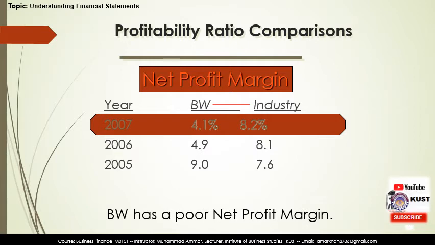For 2005, 2006, 2007, but we are currently talking about the year 2007, Basket Vendor has 4.1%, and on the other side the industry is at 8.2%, so it's a huge difference. Basket Vendor has a poor net profit margin. Yes, we are seeing a difference of 50% here.